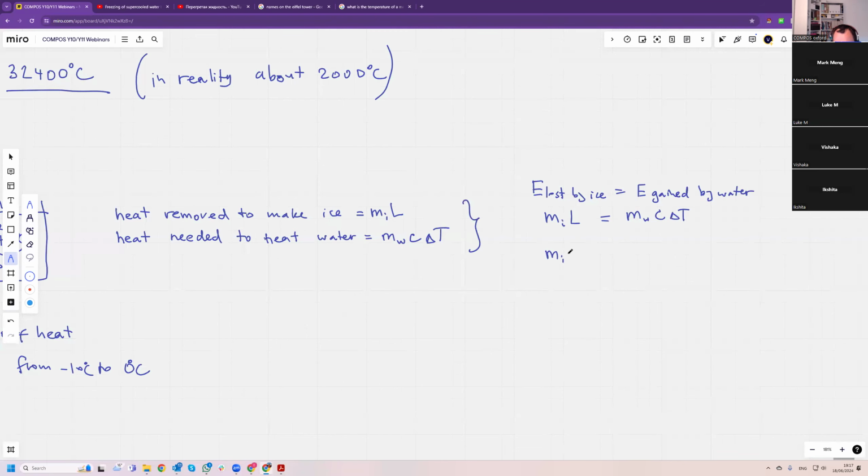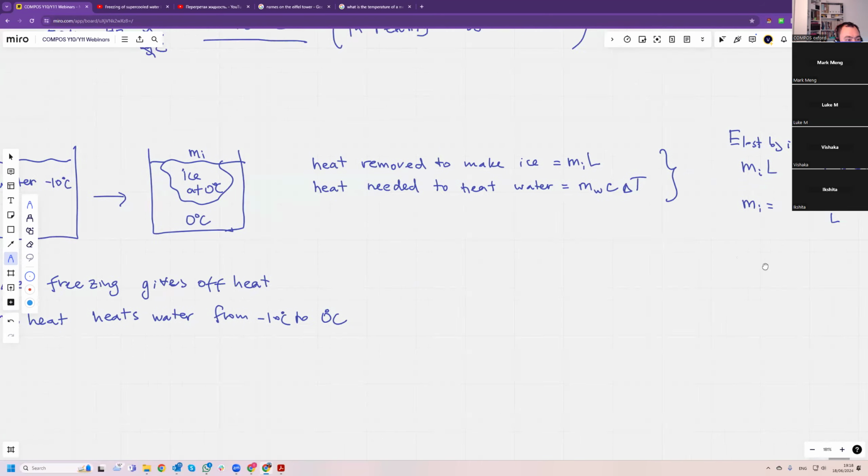So the mass of ice is mass of water multiplied by specific heat times the change in temperature divided by latent heat, which is 1 kilogram multiplied by 4,200 multiplied by change in temperature, 10 degrees, divided by specific latent heat.